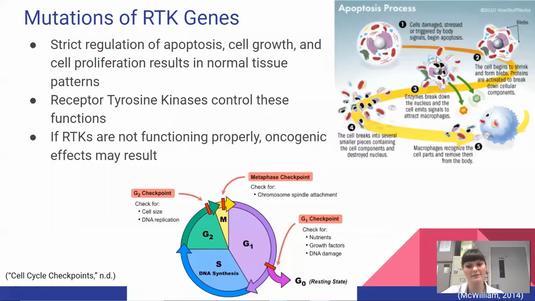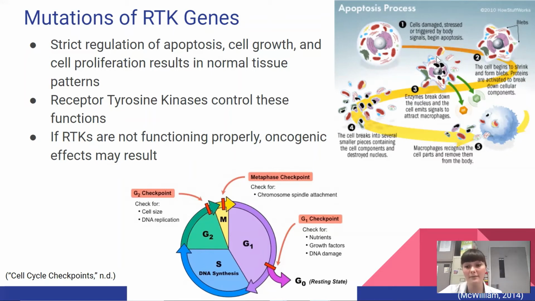Our body has a lot of safeguards against cancerous cells. Our body strictly regulates apoptosis, the way cells are growing and proliferating. And if all those processes, again, are functioning normally, then we get normal tissue patterns.